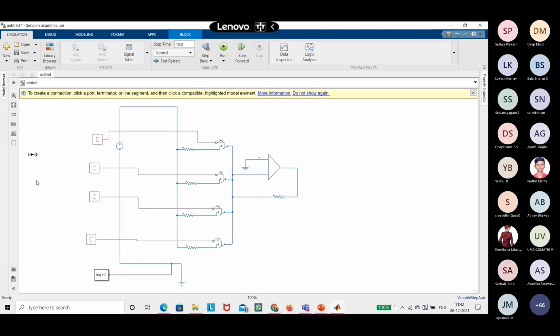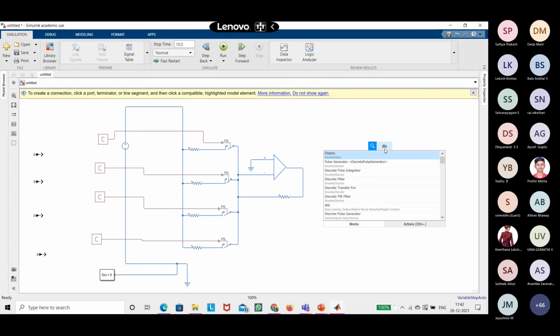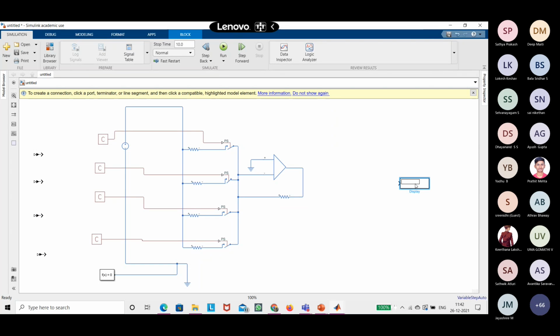Then get a display as well. We will need one for the output and 4 for the input. Then just connect this to see whatever bit you have been setting on.